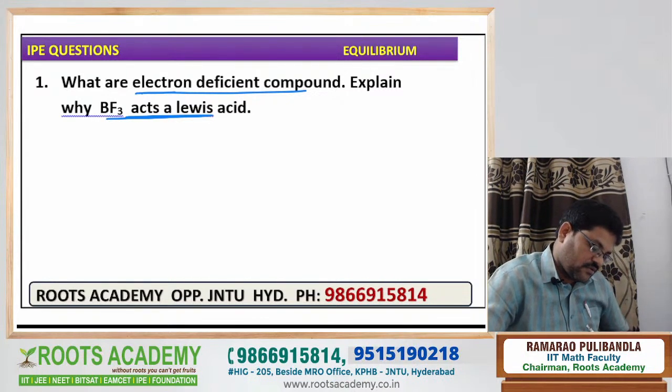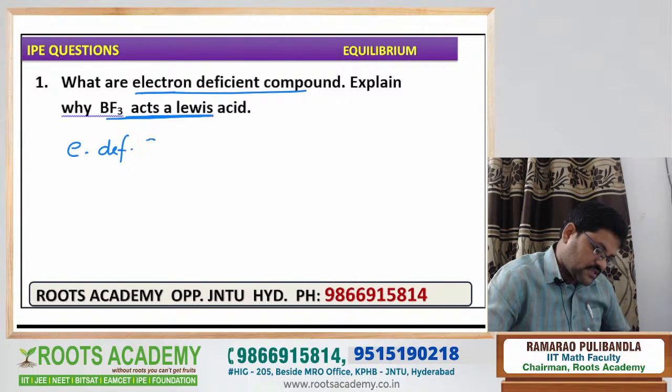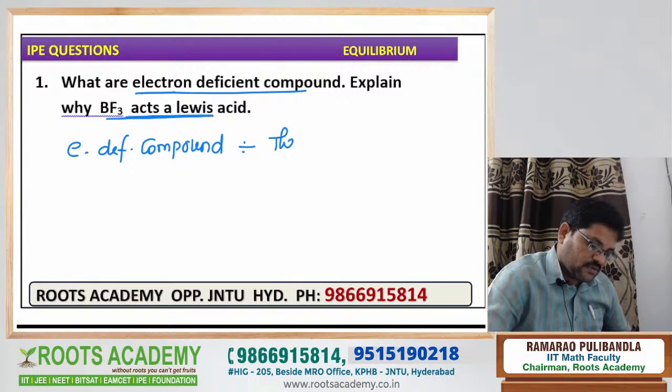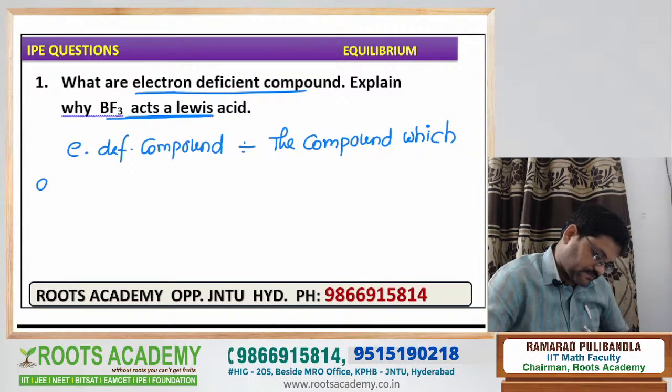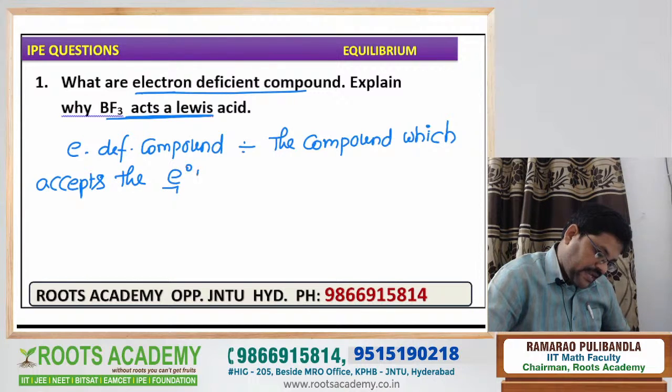Simple statement. First, how do you write electron deficient compound? Electron deficient compound means the compound which accepts the electron pair.